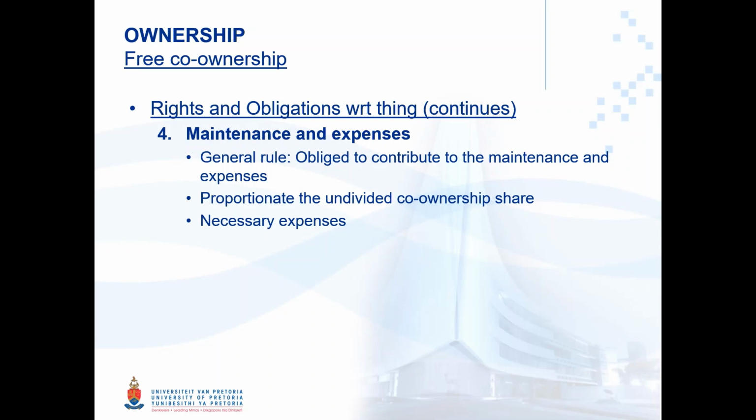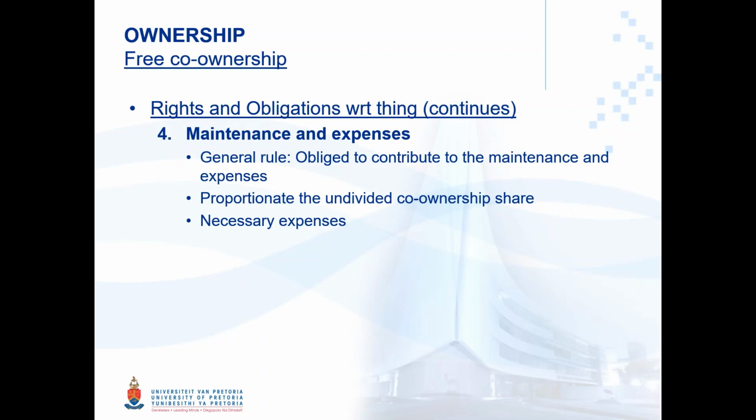To answer the question as to what would constitute necessary, useful, and luxurious expenses, please refer back to the distinction of and tests for necessary expenses, useful expenses, and luxurious expenses set out and explained in the lectures on liens or retention rights under the study unit of real security.